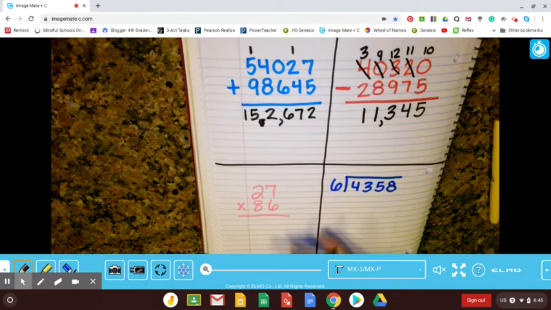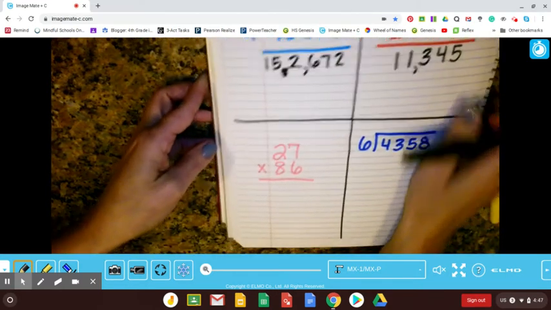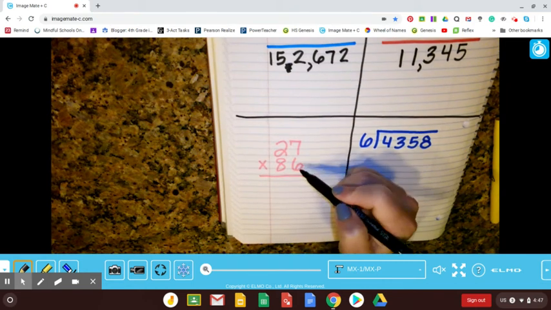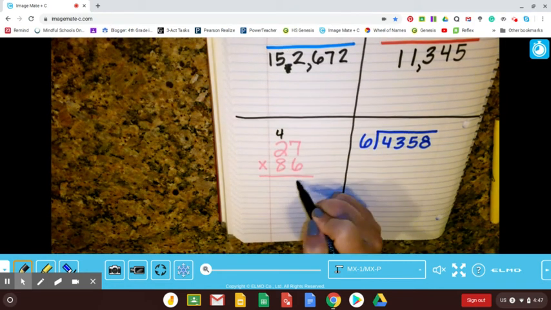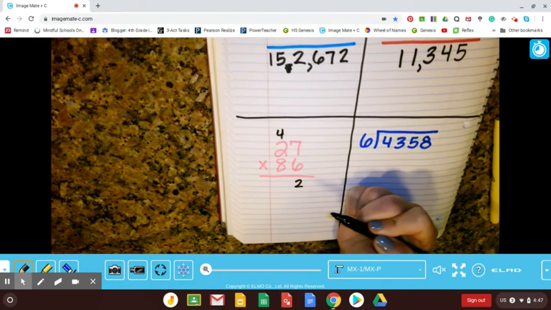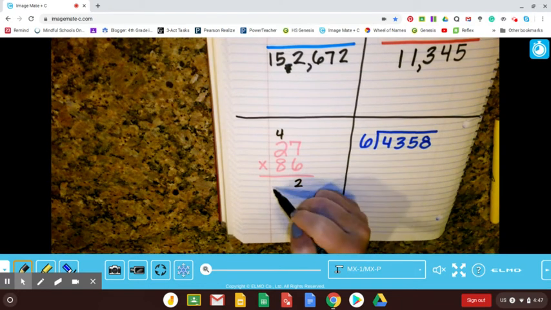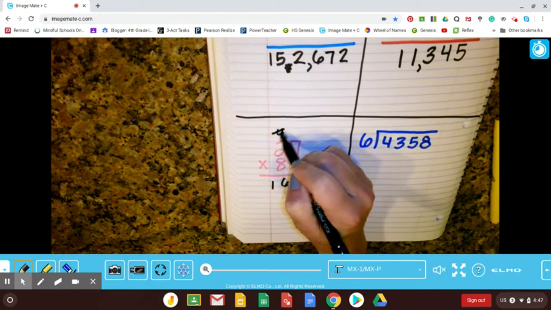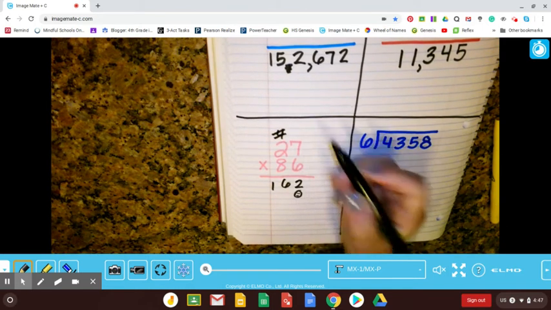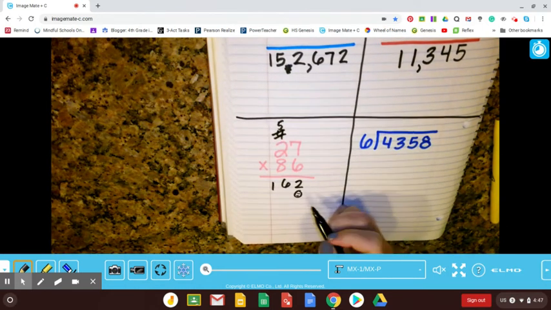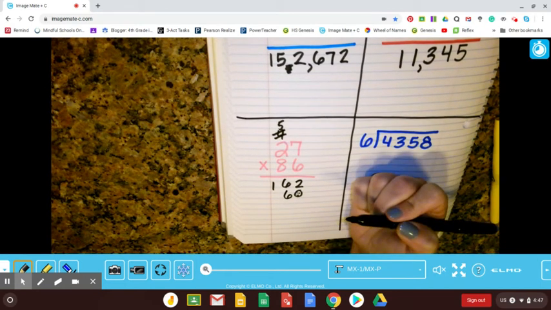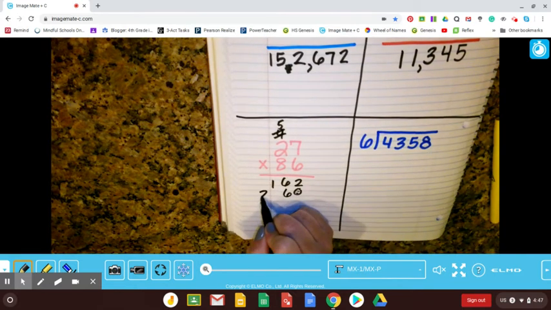Let's take a look at this multiplication problem right here. So this is 2 digits by 2 digits. 6 times 7 is 42. 6 times 2 is 12, plus 4 is 16. And we're going to put our happy face 0, cross out anything that we regrouped. 8 times 7 is 56. 8 times 2 is 16 plus 5 is 21.